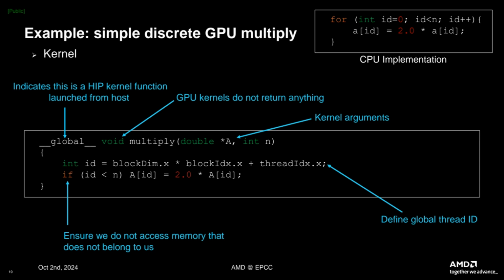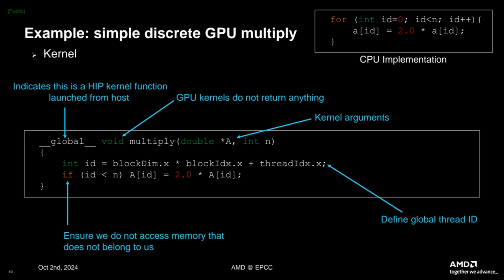Looking specifically at the kernel, we can compare a simple CPU implementation on the top right of the slide with our implementation for the GPU. Something that immediately catches your eye is that for the CPU implementation, you have a for loop, going through the indices of the array sequentially. But for the GPU case, all the threads exist at the same time and are ideally executing the same operation at the same time.